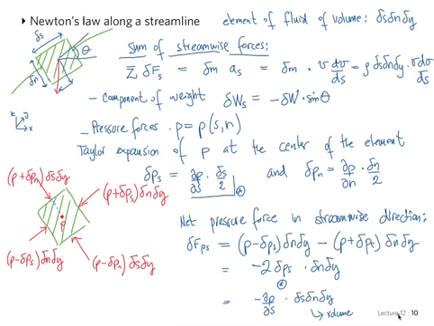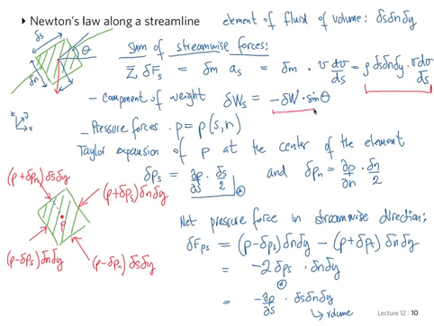Now we have all the forces. We have the mass times acceleration up here. We have the weight and the pressure forces, and we put all of those together to write the force balance in the streamwise direction. So let me point those out to you because I'm going to have to clear the slide. This is mass times acceleration.